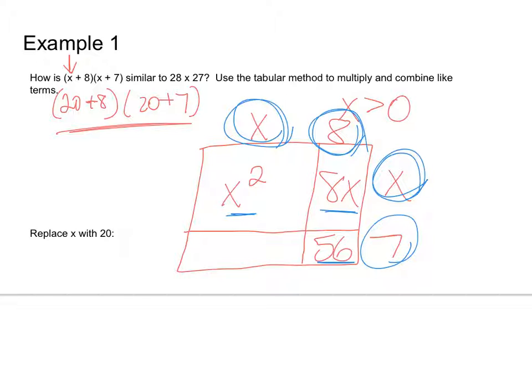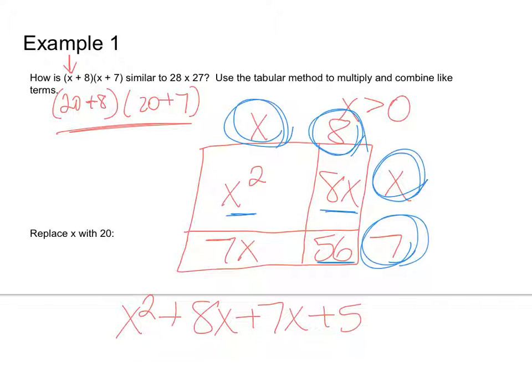Now what am I going to put down there? And you can go in any order you want. Now I'm just going to add up everything that's in the box. x squared plus 8x plus 7x plus 56.